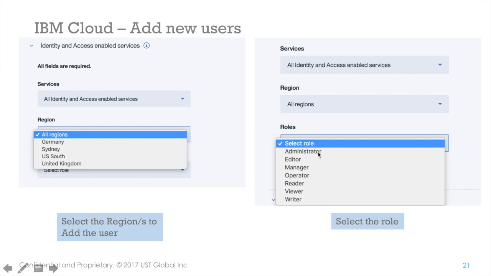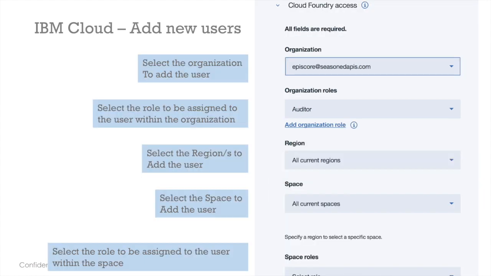So we can invite users and add very fine-grained roles and permissions, so we're sure that security is not compromised. And then inside the different applications, we will select the role, the region, the space, and the space roles.